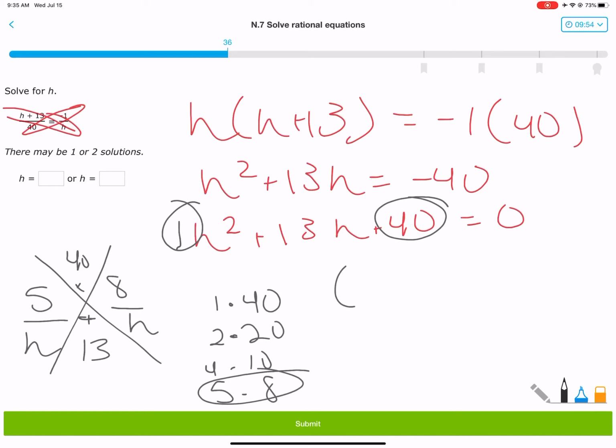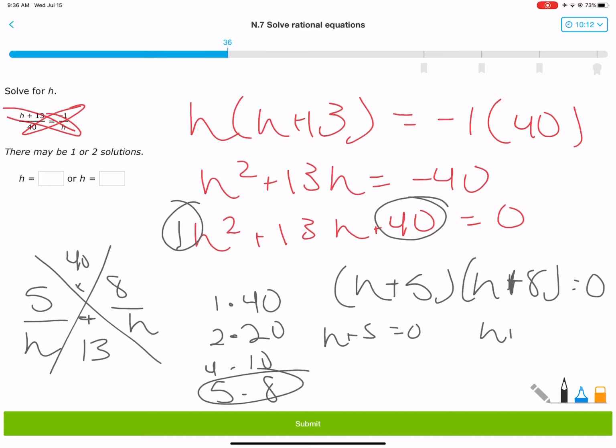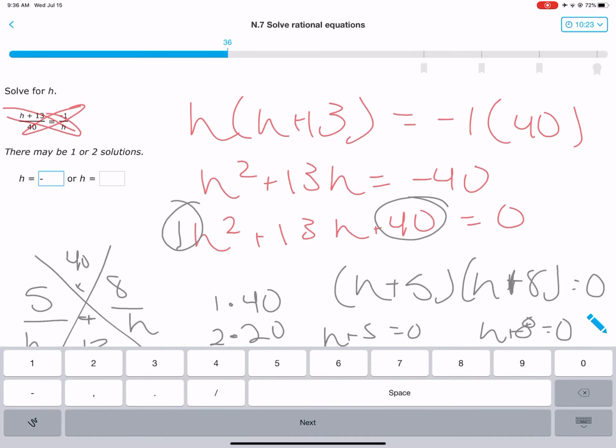So our factored values are h plus 5 and h plus 8 equals 0. Two separate equations, so h plus 5 equals 0. h plus 8 equals 0. We get h equals negative 5. h equals negative 8. So our answers are negative 5 or negative 8.